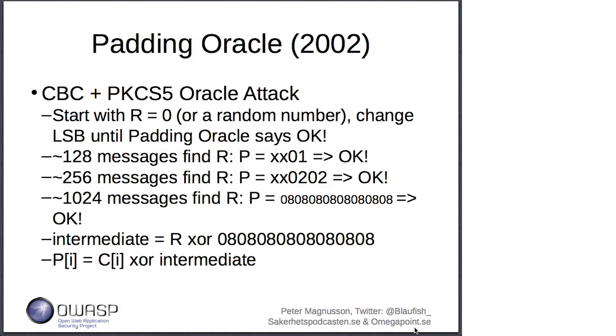So after 128 attempts, we know 1 byte. And to find the next byte, we just double the number of attempts, and then we find the padding, which is 0202. And to crack the entire block, we need about 1000 messages.